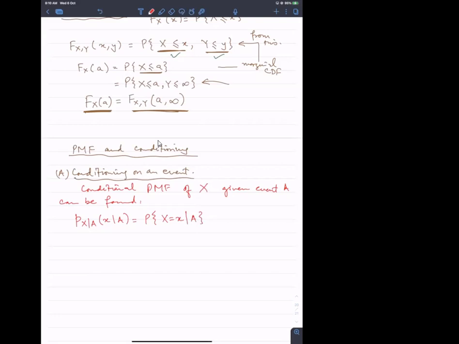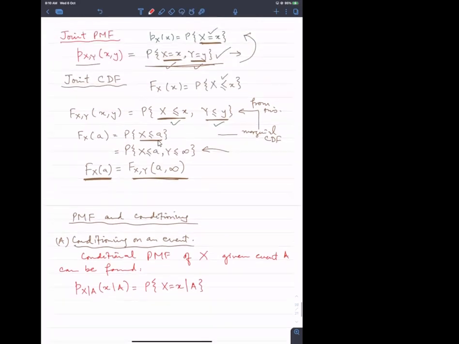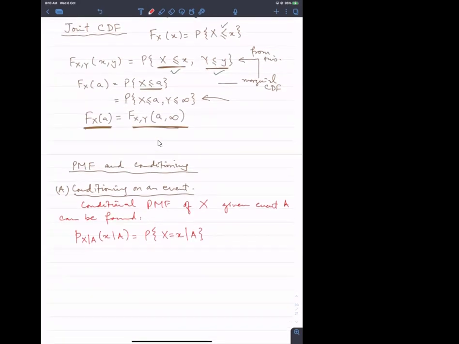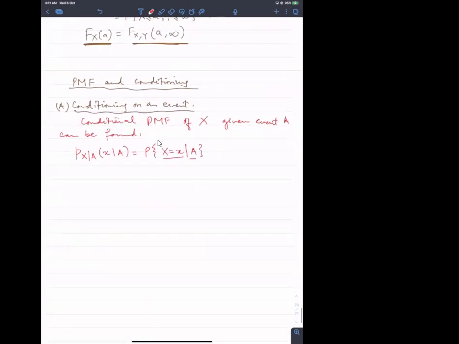Okay. Natural definition. By the way, what is the definition of PMF? The definition of PMF is P_X of x is equal to the probability that X takes the value x. Okay. If I condition this on event A, then I'm talking about the probability that X takes the value x given the event A. Now you might notice that X equal to x is also an event.